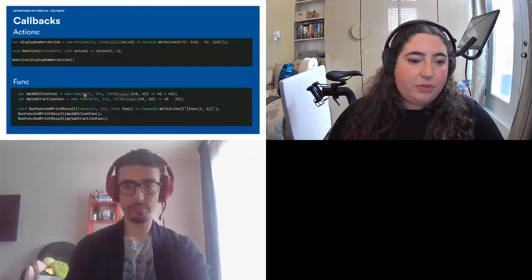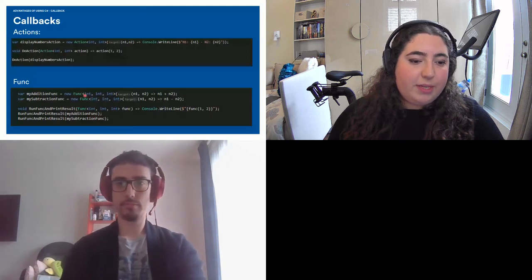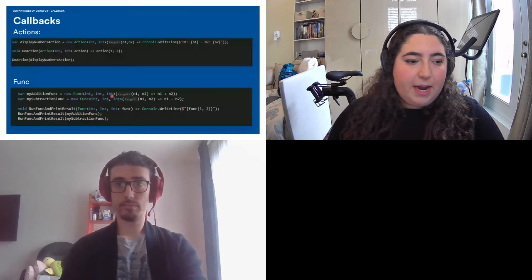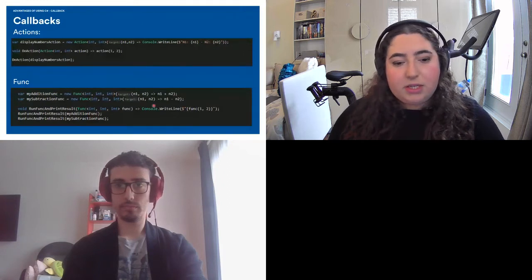Now we have funcs, and a func takes input parameters. It has inputs and an output. So these two are the input type, and this is the output type. The last one is always the output type. So my add func takes N1 and N2 and returns N1 plus N2. And the subtraction func takes N1 and N2 and returns N1 minus N2.